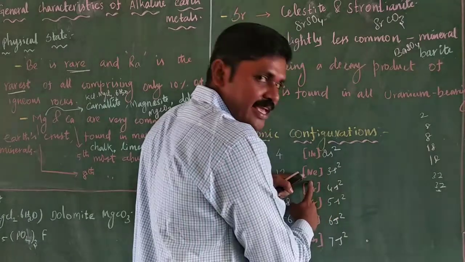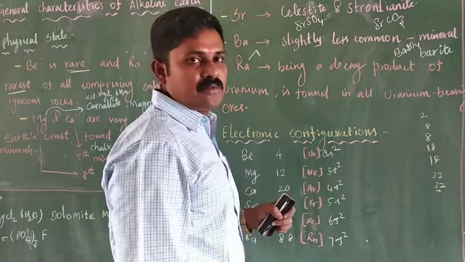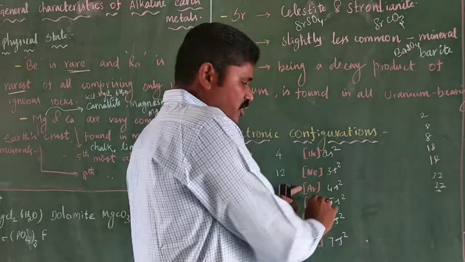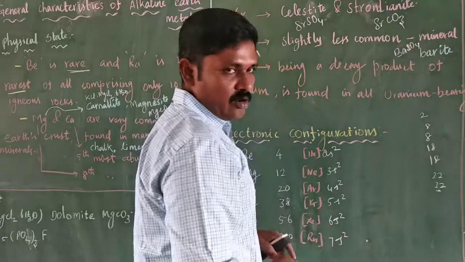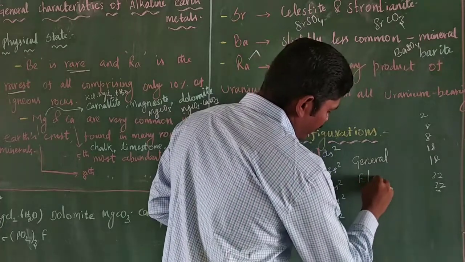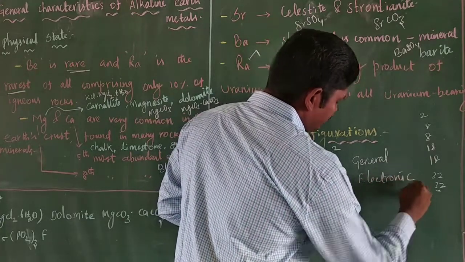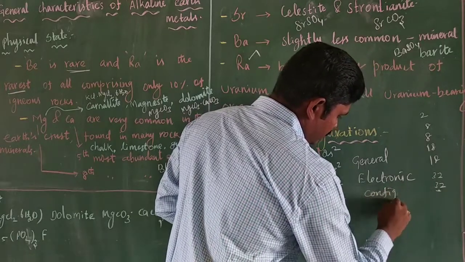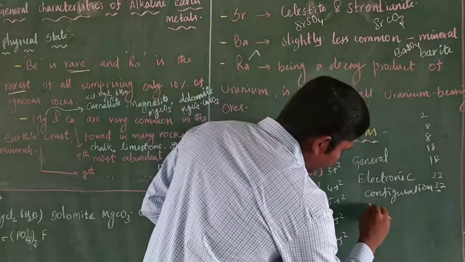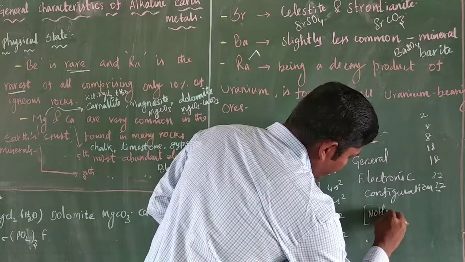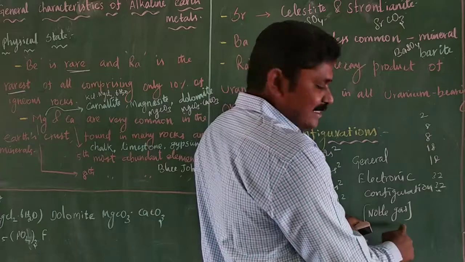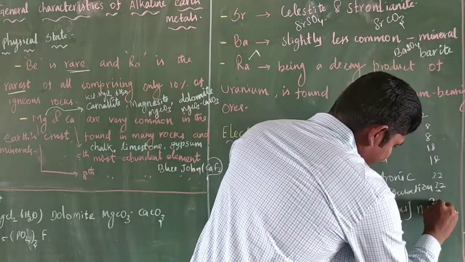They are preceded by the noble gas electronic configuration. Noble gas electronic configuration, then 2 electrons in the valence shell. So the general electronic configuration of alkaline earth metals is the noble gas electronic configuration followed by ns2.